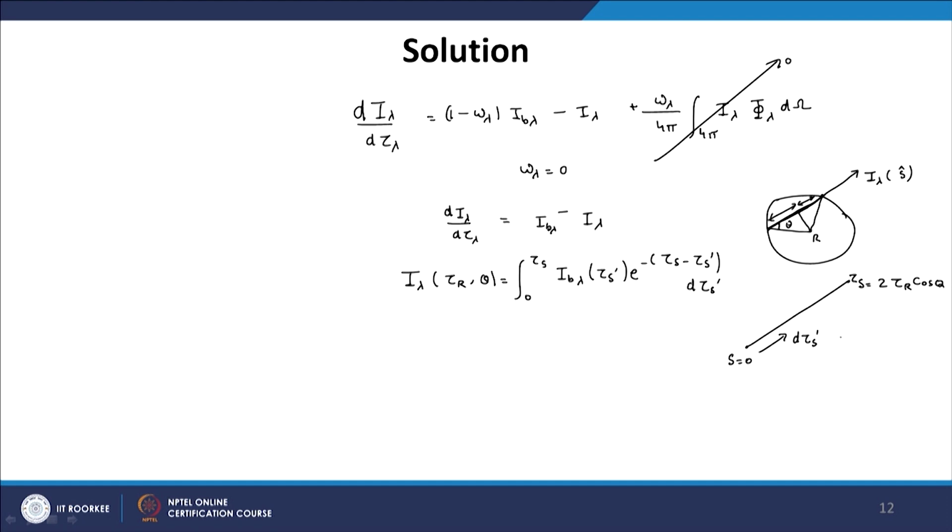So, tau s prime is simply s prime times the absorption coefficient kappa lambda. So, we have to integrate this.